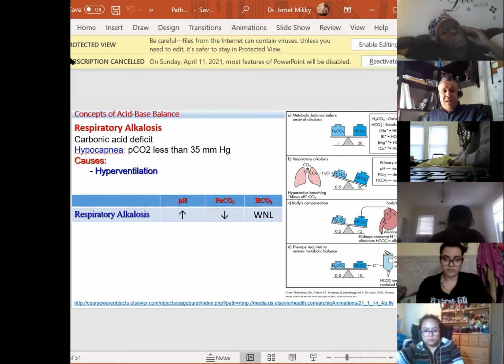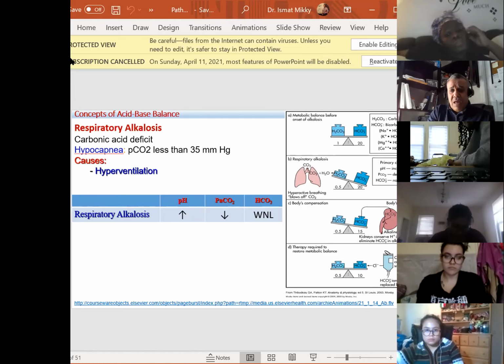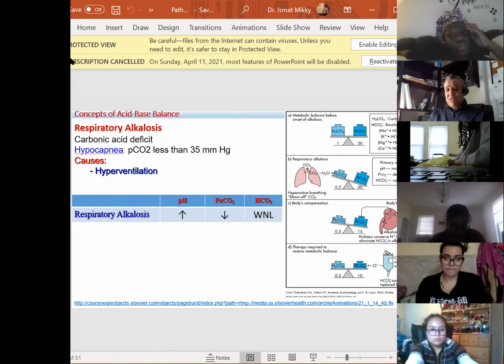Other causes are fever, anemia, especially severe chronic anemia, liver problems like liver cirrhosis, or aspirin or salicylate intoxication. The overdose of aspirin would result in respiratory alkalosis, and then the patient develops metabolic acidosis after that. But initially it will be respiratory alkalosis.